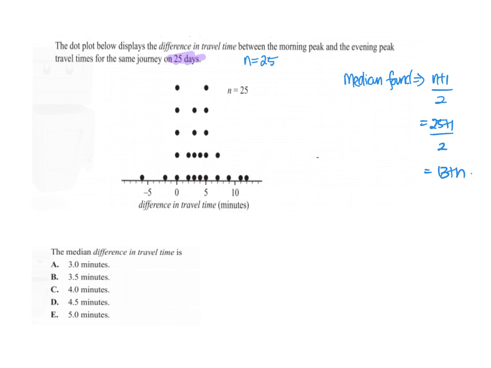You can count through your dots, but make sure you're going from lowest to highest. 1, 2, 3, 4, 5, 6, 7, 8, 9, 10, 11, 12, 13. So we're on this one here, 13 is there. So that looks like 1, 2, 3, yeah? So 3 minutes difference.